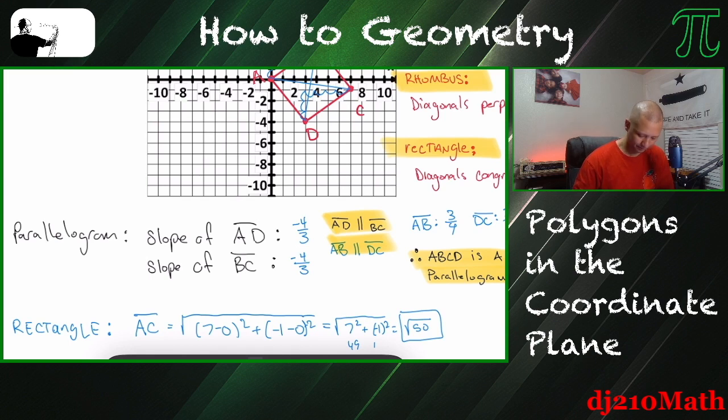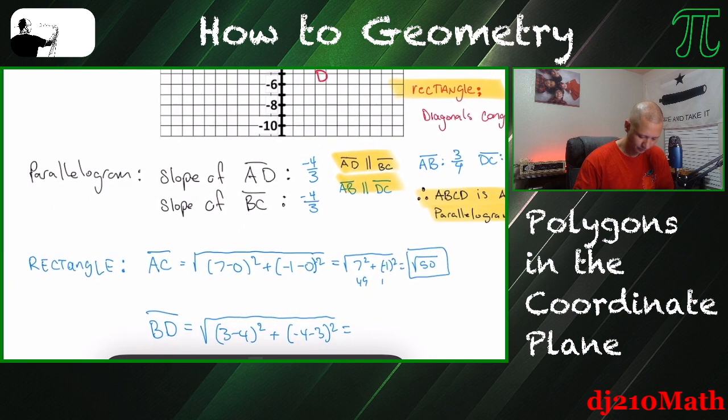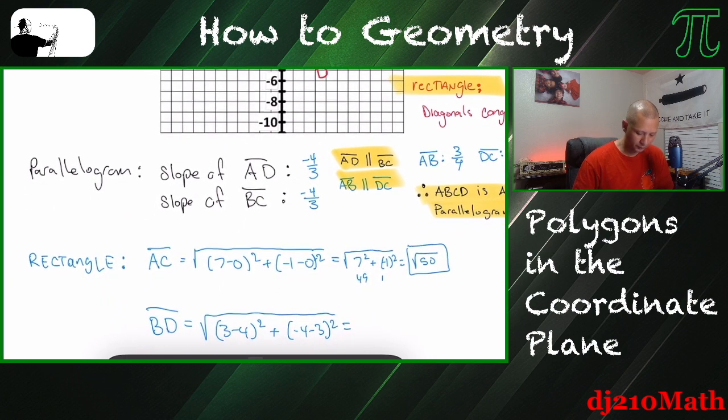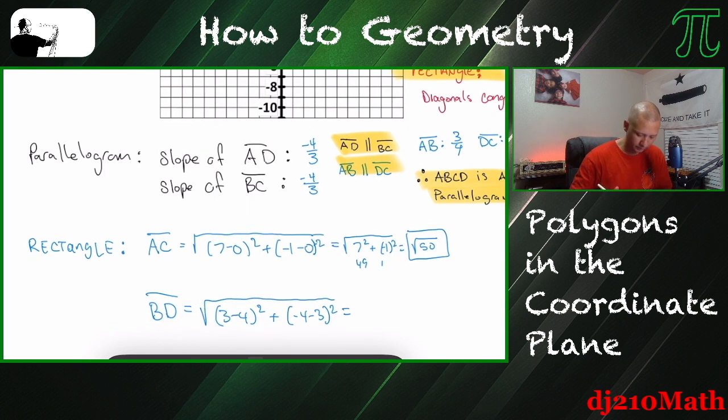All right, BD is 3 minus 4 squared plus negative 4 minus 3 squared. So this is going to be 3 minus 4, which is negative 1, and negative 4 minus 3, negative 7. So we're squaring both of these numbers. So negative 1 squared plus negative 7 squared, so 1 plus 49, which is the square root of 50.